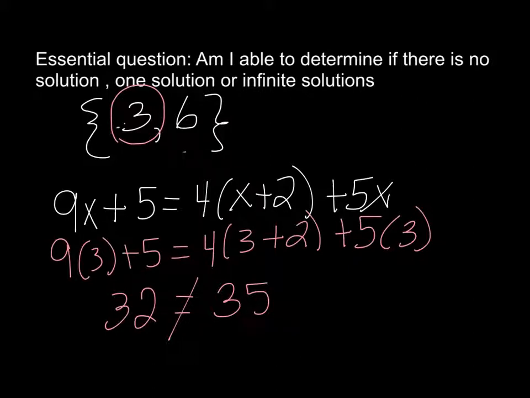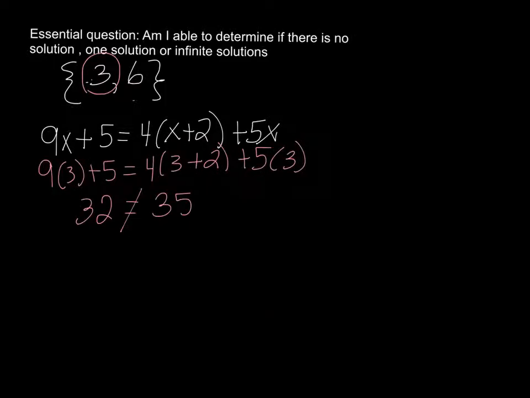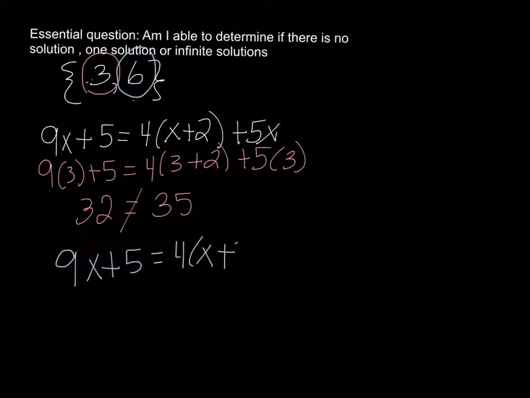Now we're going to try a different number. So now we're going to try with the 6. We now have, using the same problem, 9x plus 5 equals 4 times x plus 2 plus 5x. Let's plug in 6.